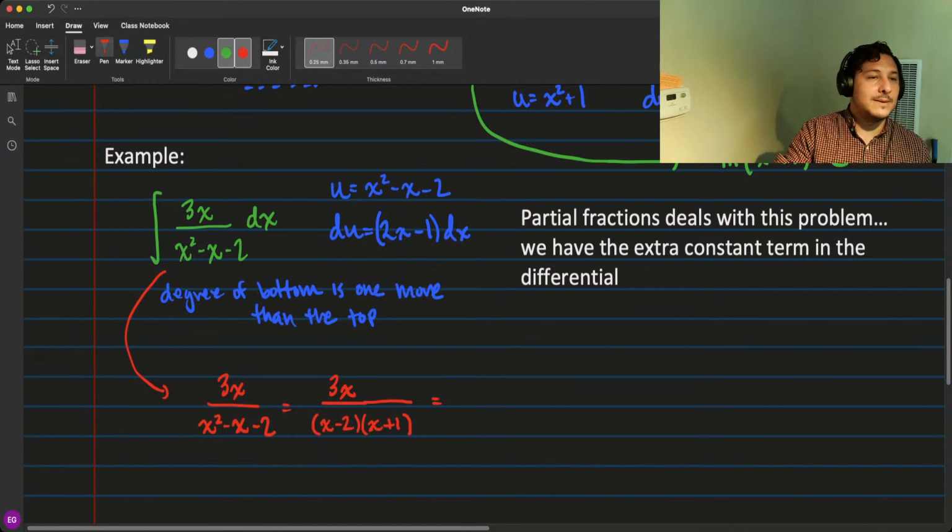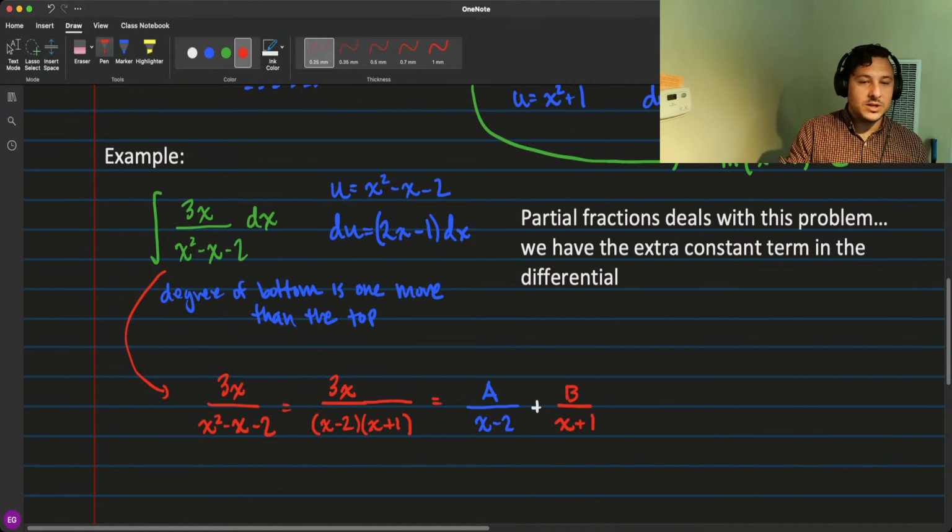So we're looking at this and we're like, hey, do you know what would be really nice? If I can split this up into two fractions, where I have some a over x minus 2 and some b over x plus 1.